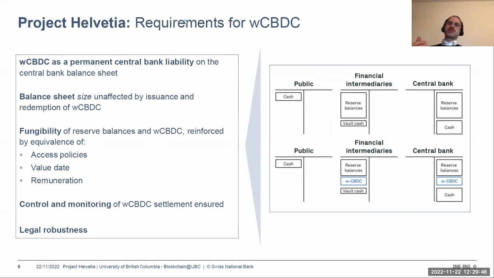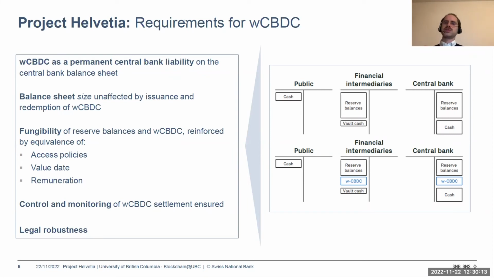Also, we wanted the balance sheet size of our own balance sheet, but also of financial intermediaries like banks that would hold such a wholesale CBDC, to be unaffected by issuance and redemption. That is, we would substitute the reserve balances in the account-based legacy system with wholesale CBDC one by one.